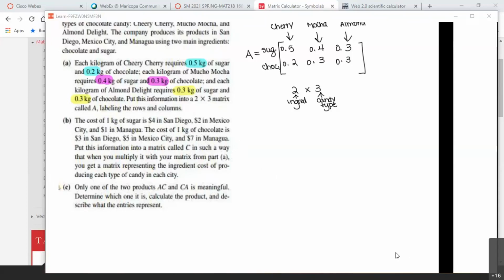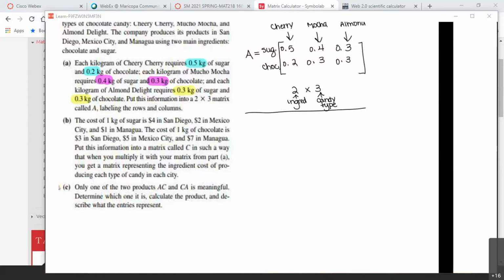So they're saying put the information into a matrix called C in such a way that when you multiply your matrix from part A, you get a matrix that represents the ingredient cost of producing each type of candy in each city. Okay, so let's take a look at what this is asking. We want to build matrix C. And again, we've got 2 ingredients and 3 locations.